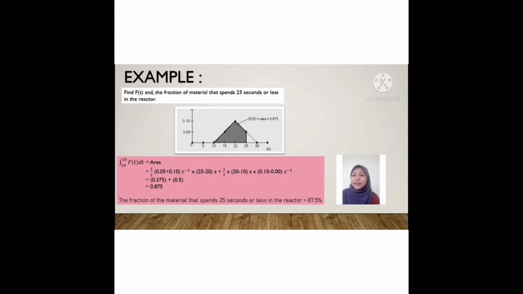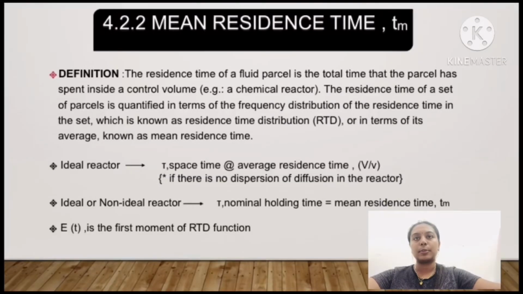Lastly, to get the fraction of the material that spends 25 seconds or less in the reactor, the F(t) times 100, which is 0.875 times 100, we can get 87.5%.